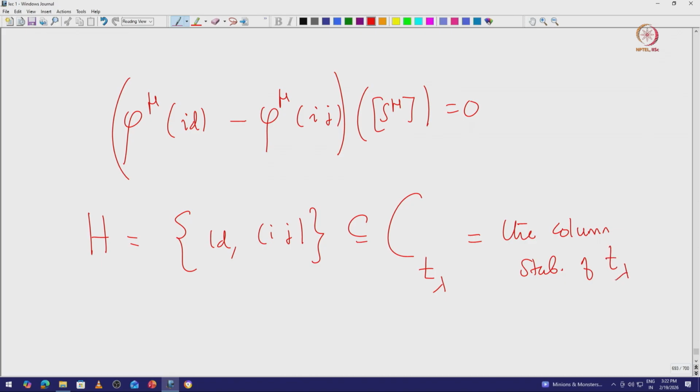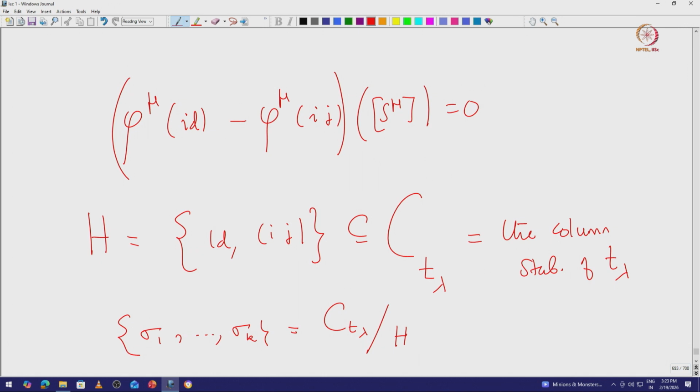Now we can look at the set of left coset representatives of H inside C T lambda. We can label them as sigma 1 through sigma k.